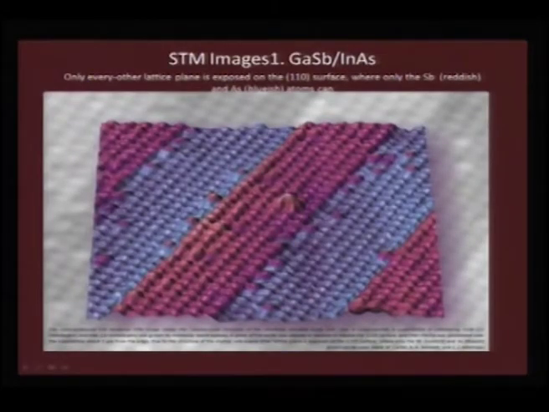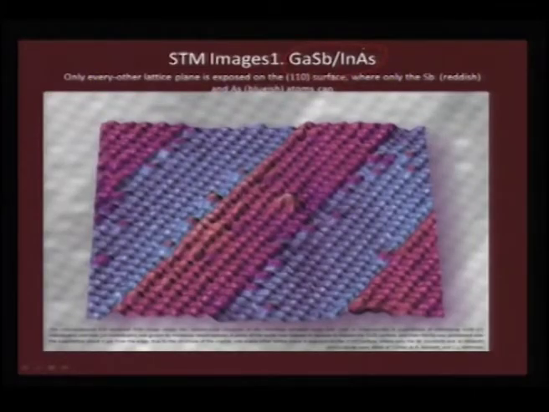We can also try to map how the interfaces are ordered in a situation where you are growing two different materials. For example, you take gallium antimonide and indium arsenide, and when you are growing a multilayer, you can get an STM image of this contrast. What you are seeing here is gallium antimonide, which is 12 monolayers, and this is sandwiched between 14 monolayers of indium arsenide.